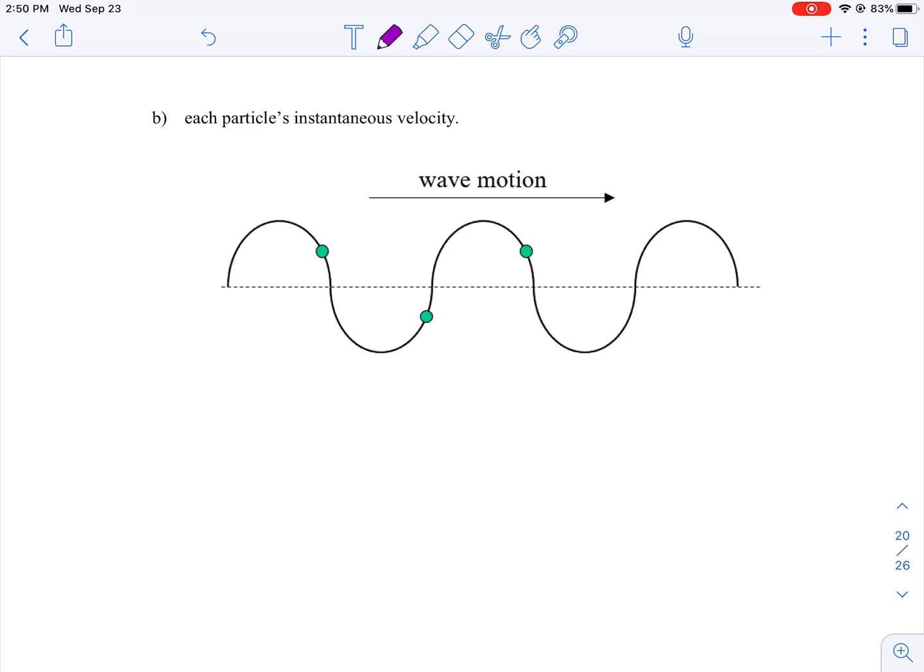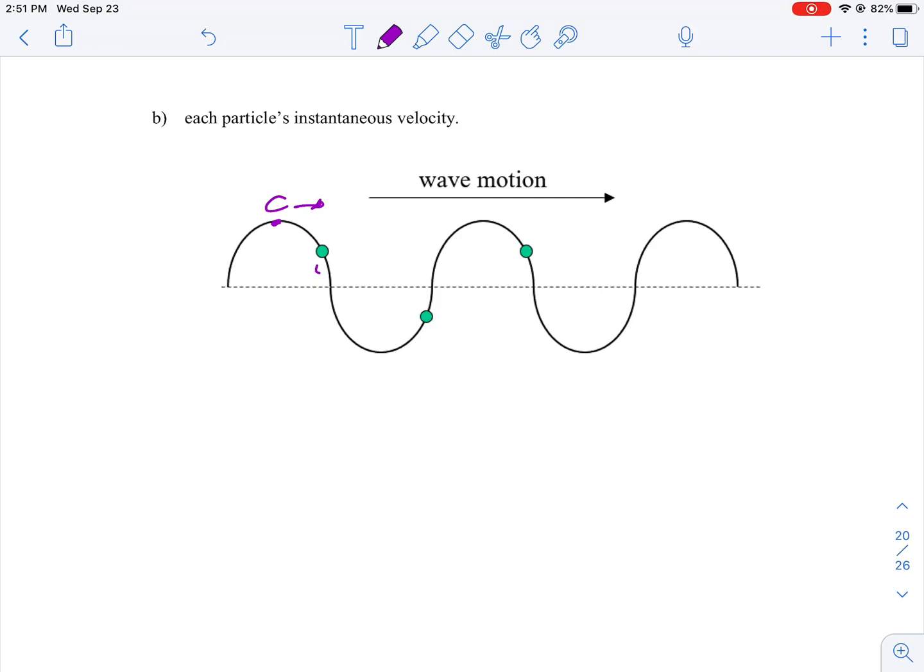Okay, I'm going to show you there are actually two ways you can solve this question. The first one is basically saying what's coming towards the particle. If we look at the first particle, let's call it particle 1, what's coming towards it? Well, you'll see that there's a crest coming towards that particle. And you have to realize that when the crest comes towards it, it's going to lift that particle up.